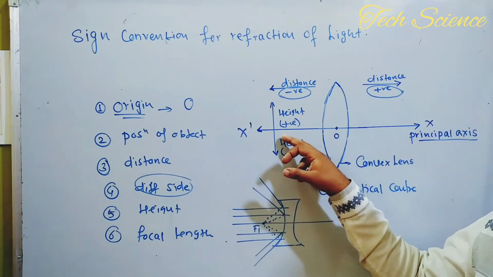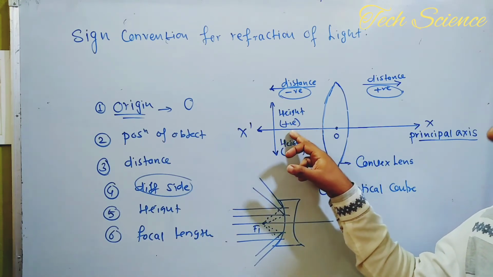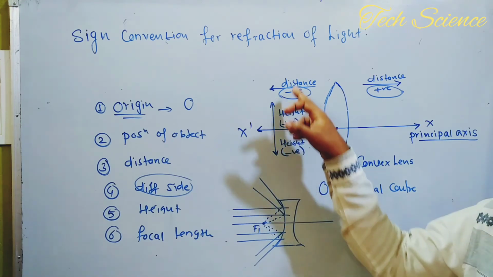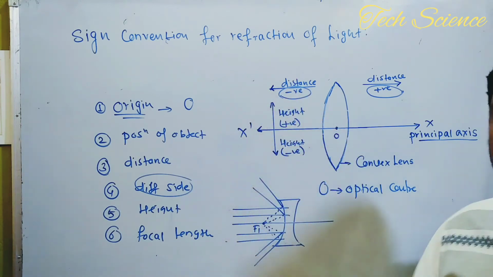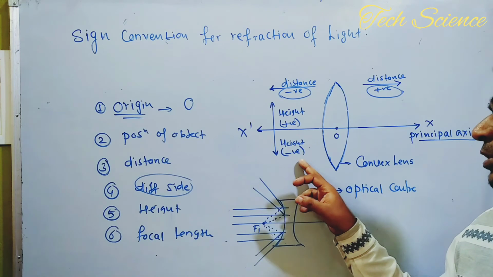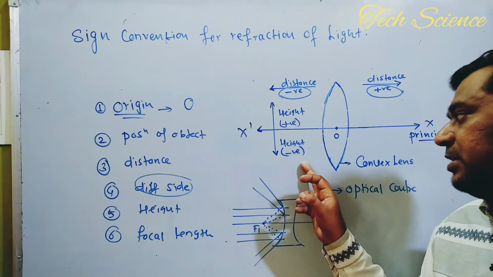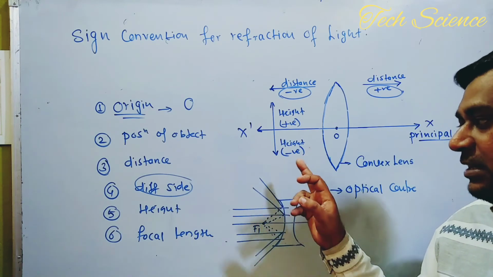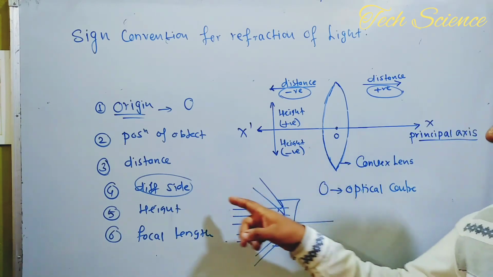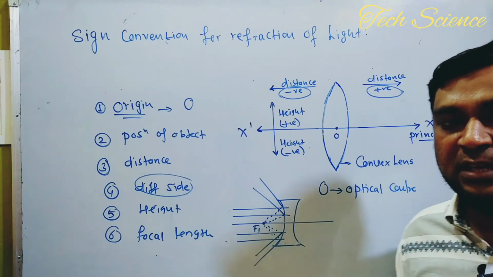The distance perpendicular to and above the principal axis is considered positive. Means the height of the object from above the principal axis is considered positive, and distances perpendicular to and below the principal axis, in short the height, are considered negative. The focal length of the convex lens is always positive, whereas the focal length of the concave lens is always negative.